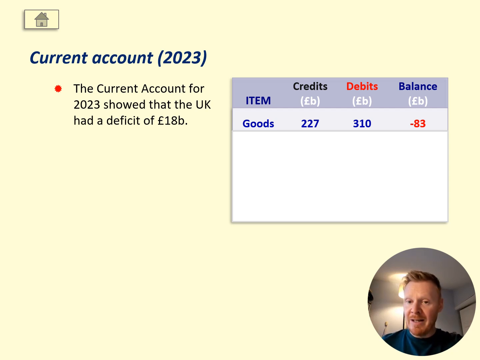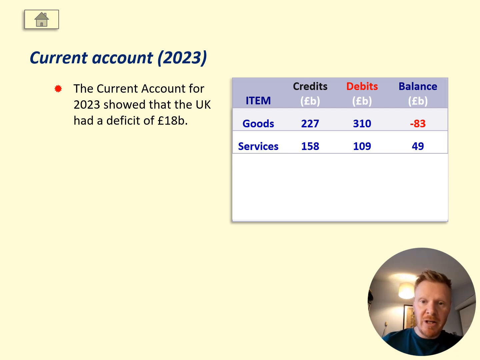So we're running a deficit on the first part of the current account. Services, we're doing better here. So we export £158 billion worth of services, banking, consultancy, insurance, architecture, all that sort of thing. And we're importing £109 billion. So we're running a surplus on services.